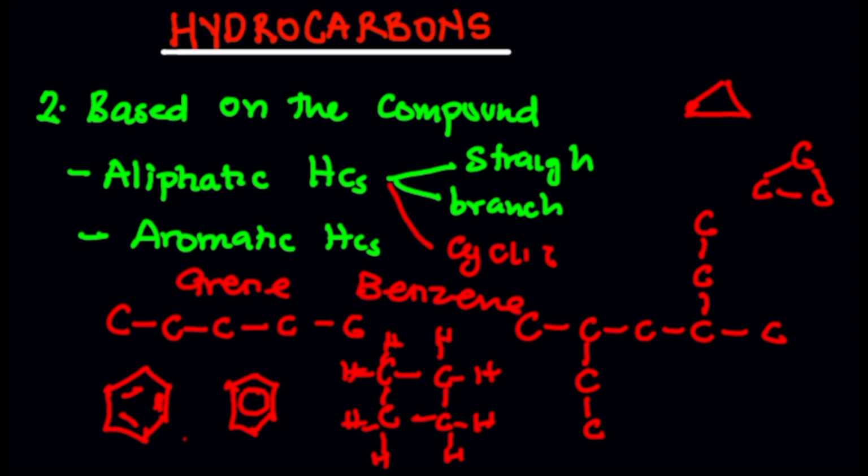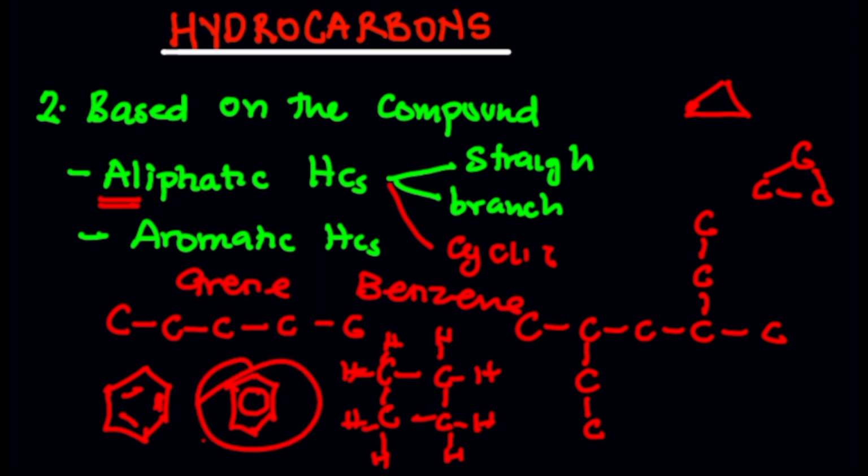Another thing I want you guys to understand is that aliphatic hydrocarbons generally have their own general formula. For example, alkane has its own general formula, and at the same time, alkyne has its own general formula. But aromatic hydrocarbons do not have any general formula, because they are made up of repeating units of benzene.